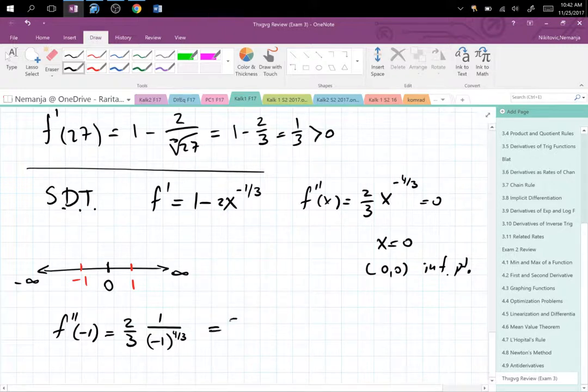So this is equal to 2/3, which is larger than 0, which means concave up, and so is the other one. I'll just put plus minus 1 over here, because it's the same calculation for both. Even powers always kill negative signs if they show up. So there you go. Concave up and concave up.